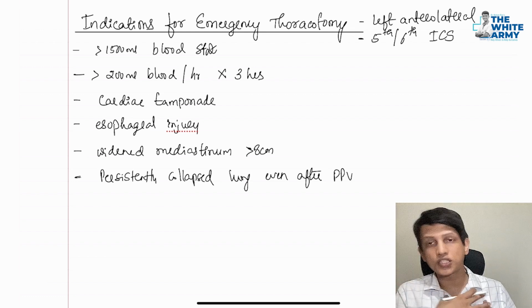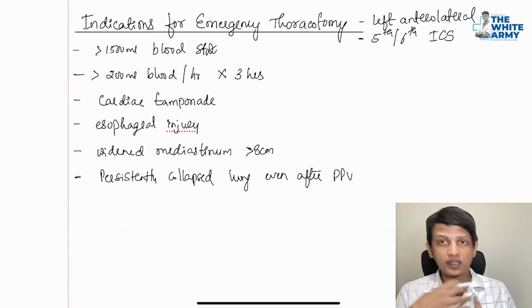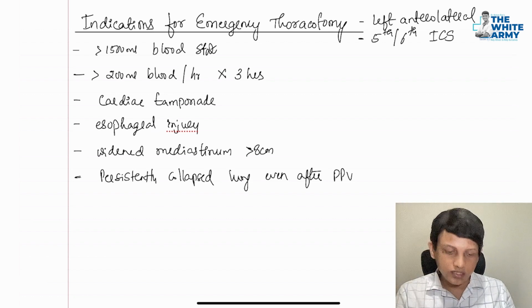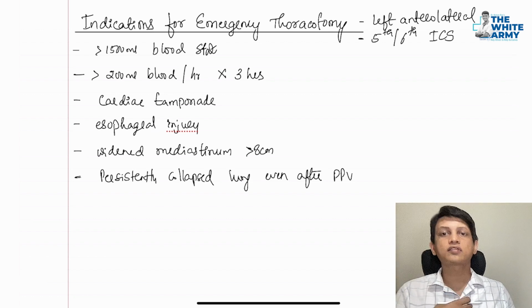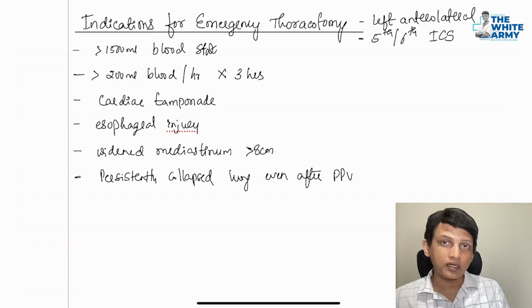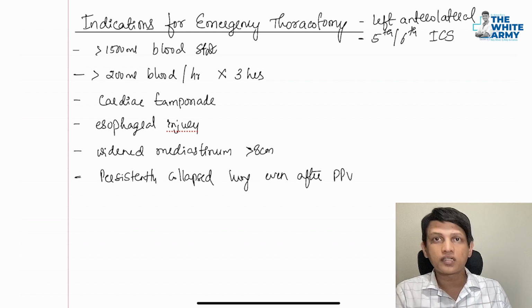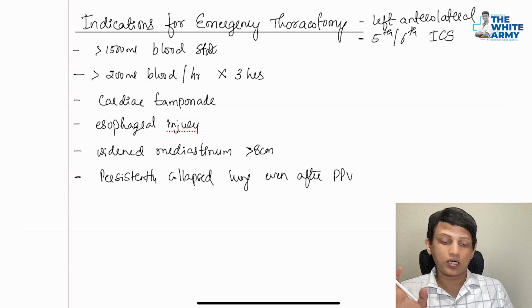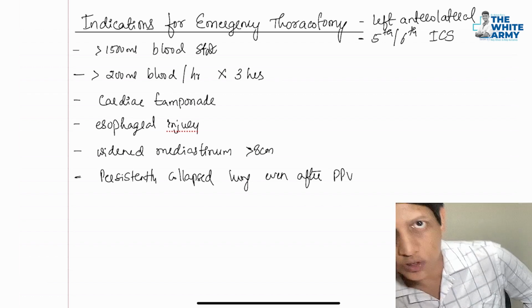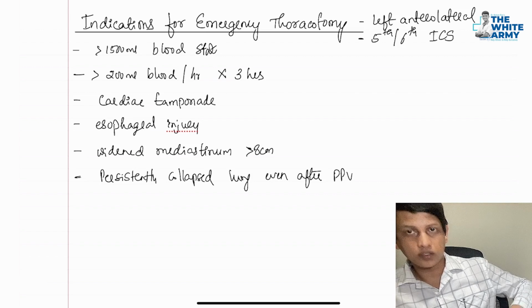Or if there are features suggestive of cardiac tamponade, or any features of esophageal injury, or on X-ray if the mediastinum is widened more than 8 centimeters, or if there is a persistently collapsed lung even after aggressive positive pressure ventilation. These are the indications for emergency thoracotomy. You can do a left anterolateral thoracotomy in the 5th or 6th space.